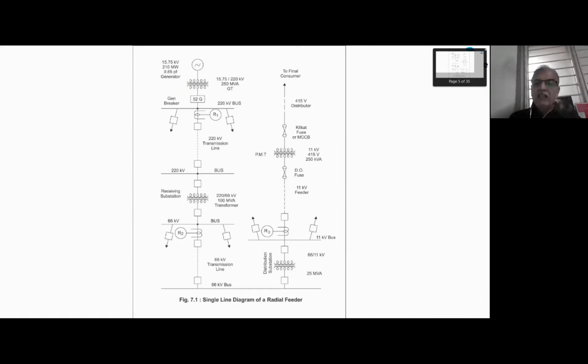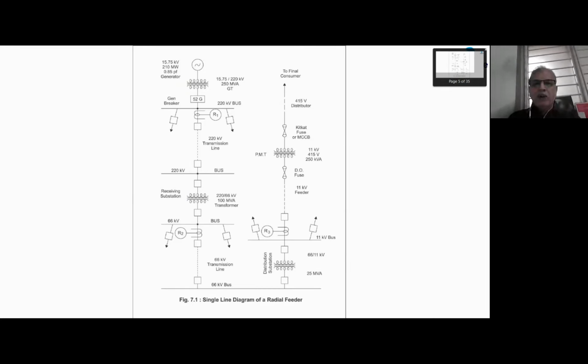For fault in 11 kV feeder, same R3 offers primary protection and R2 offers backup protection. And similarly, for fault in 66 kV line, R2 will be acting as main protection and R1 will be secondary or backup protection. So this is how the protective system works.